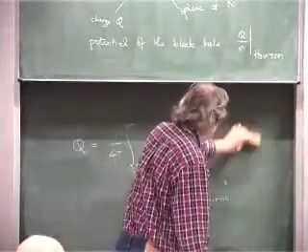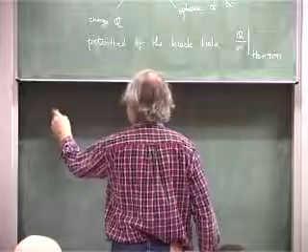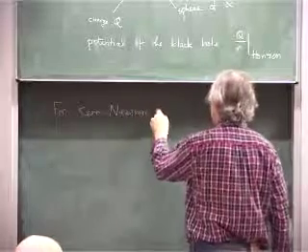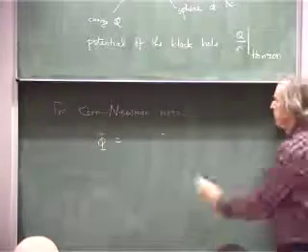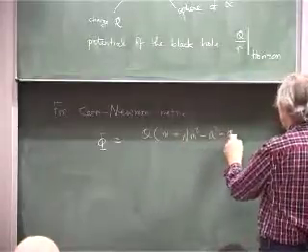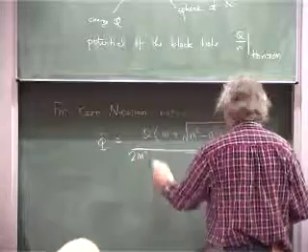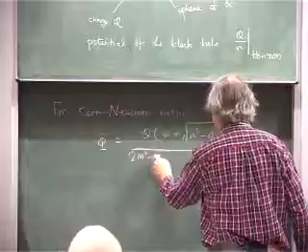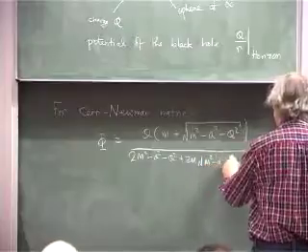Were you to evaluate this for the Kerr-Newman metric, we would discover that phi is equal to Q times (m plus the square root of m squared minus a squared minus q squared), divided by 2m squared minus a squared minus q squared plus 2m times the square root of m squared minus a squared minus q squared.